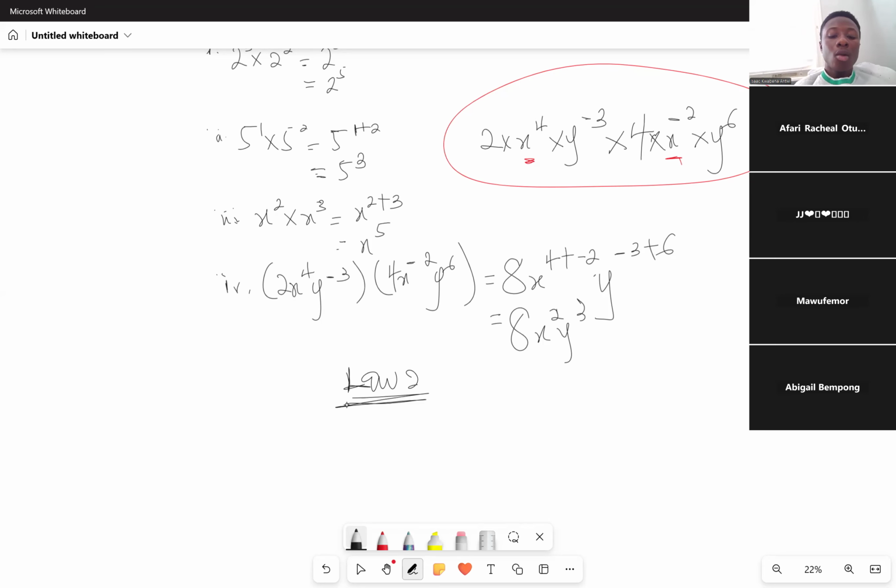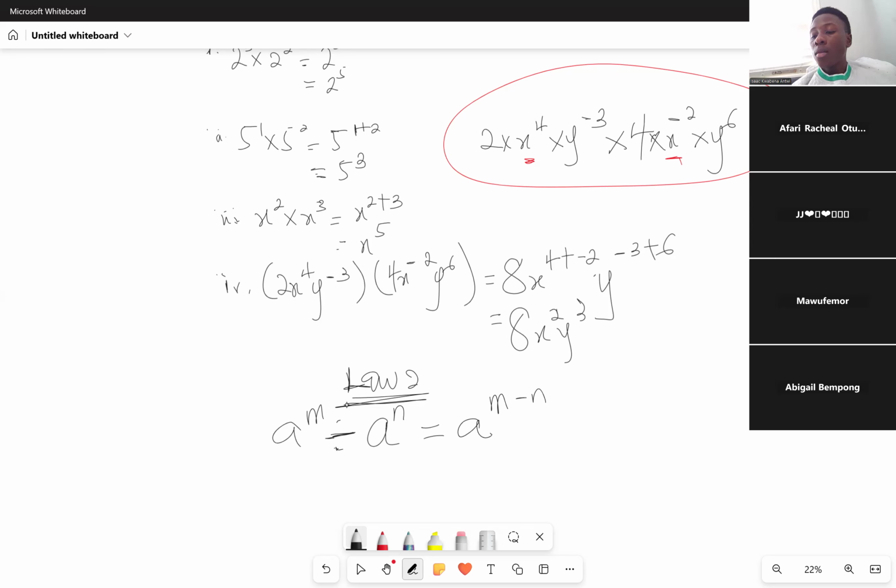Law 2 or second law. So this one, it says when you have a term with a power, dividing the same term with a power. It says since the b's are the same, take one and subtract the powers. So this is the law 2. Let me know if you have any question about this.